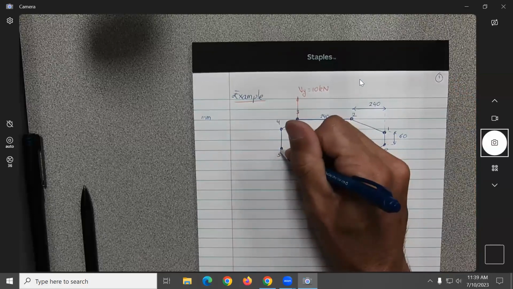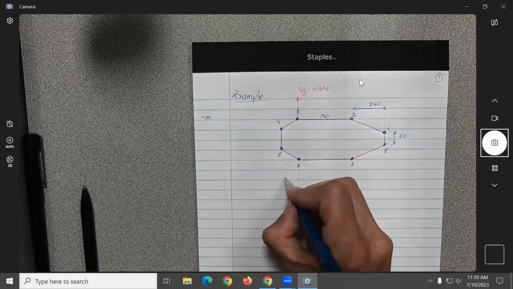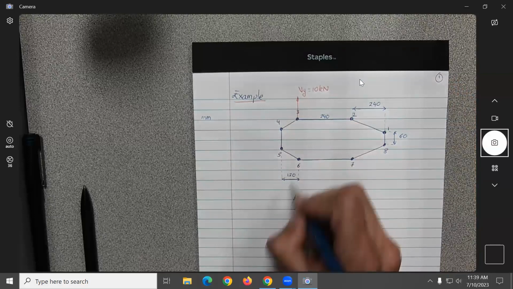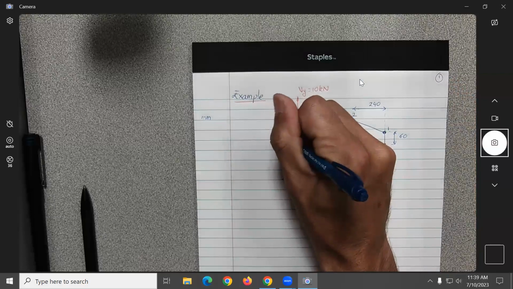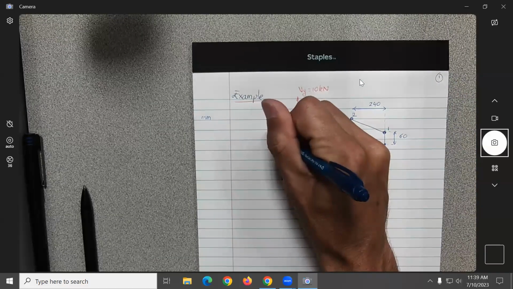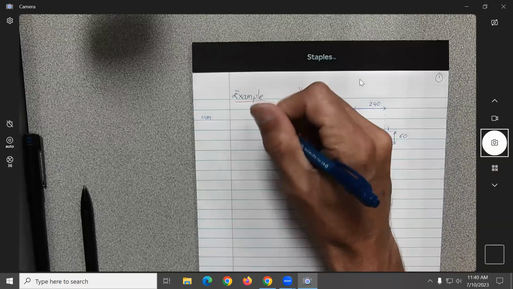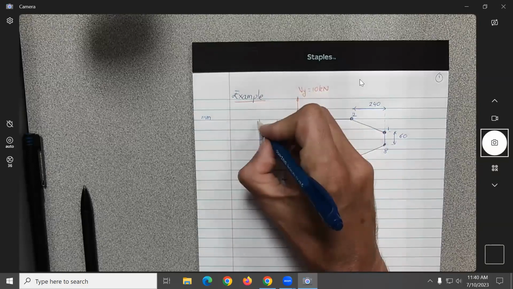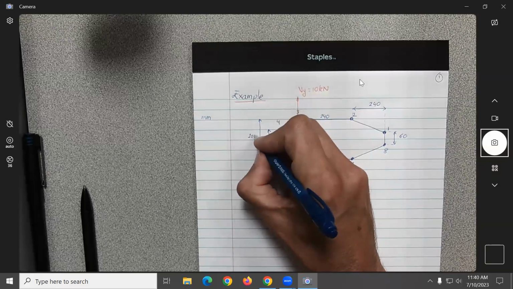That distance over here would be 120. This will be 100. And this one will be 200.